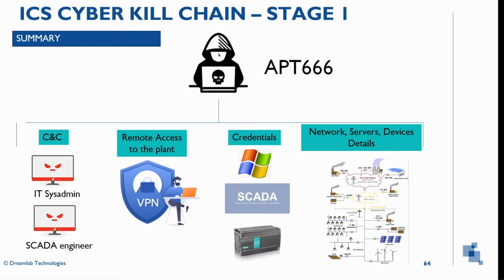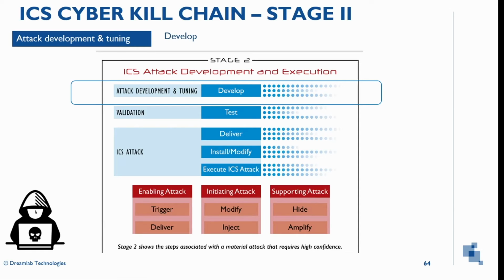As the IT intrusion part is very similar to stage 1, in stage 2 we will focus on the ICS devices. Continuing with the ICS cyber kill chain, this is the second stage, attack development and tuning.